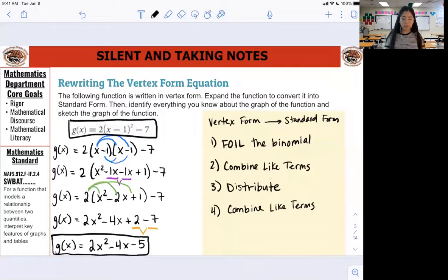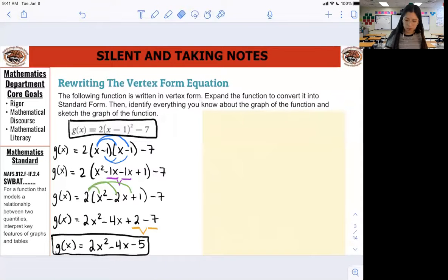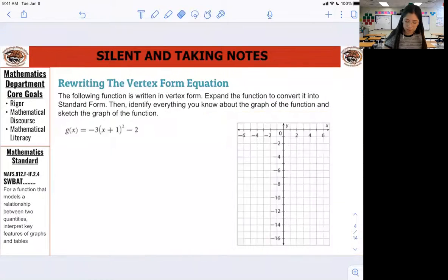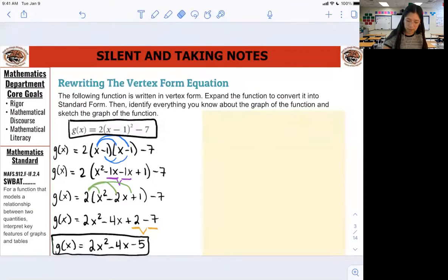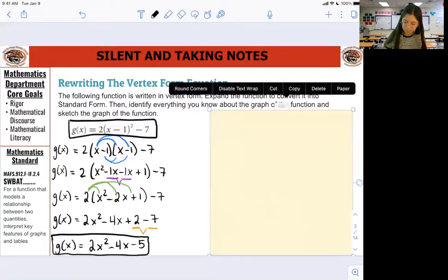Okay. So I'm going to erase the steps, and let's see if we can graph it. So if I remember correctly, my graph does not have the right amount of numbers on it. Hold on. Yeah, it doesn't go low enough. So I'm going to make a new graph real quick.